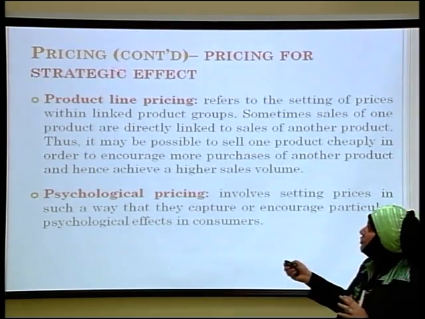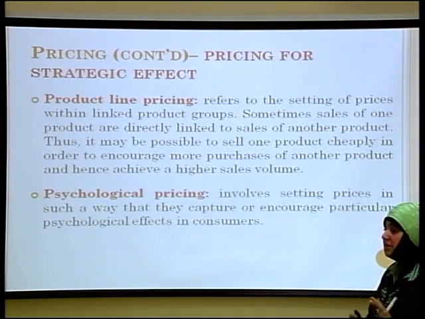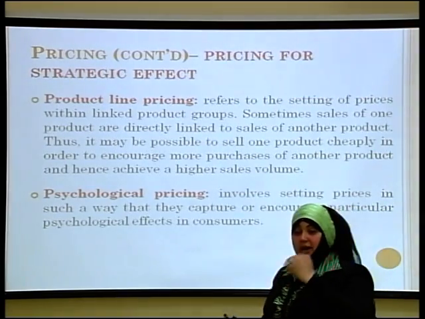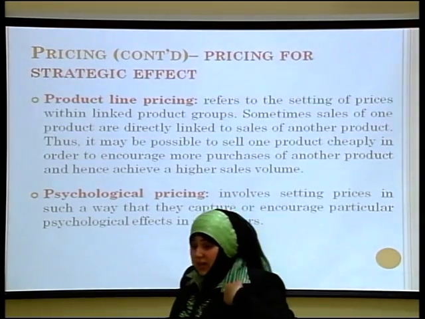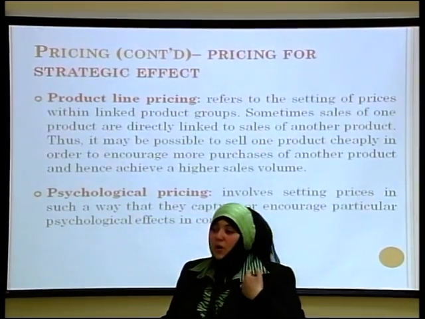All these points are related to strategic effect of pricing. This involves setting prices in such a way that they capture or encourage particular psychological effects in consumers. When I price the product at price X, I'm trying to encourage specific psychological effects in our consumers.